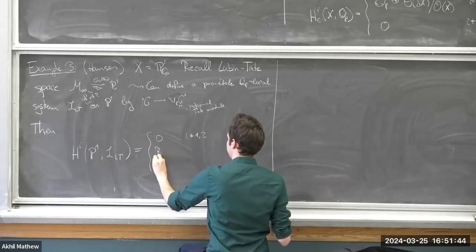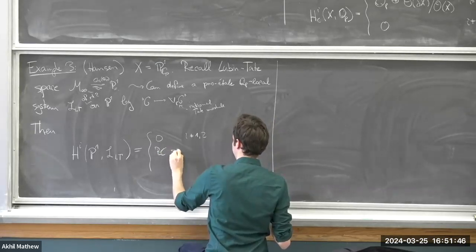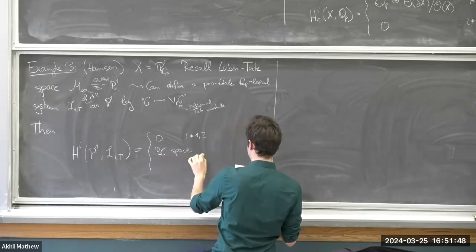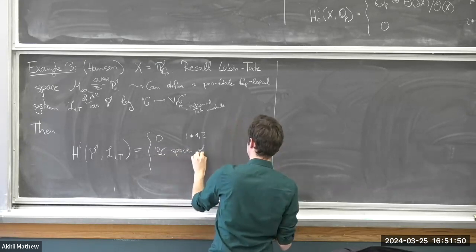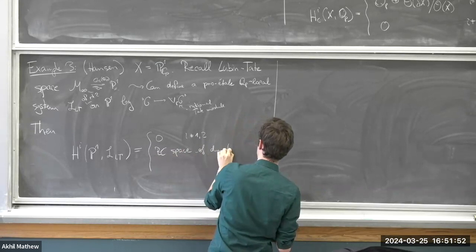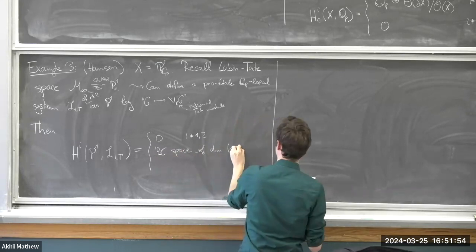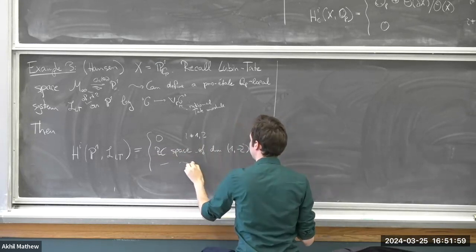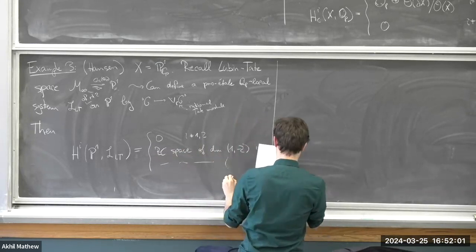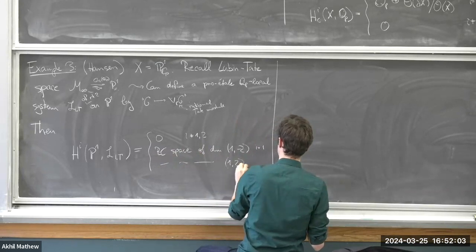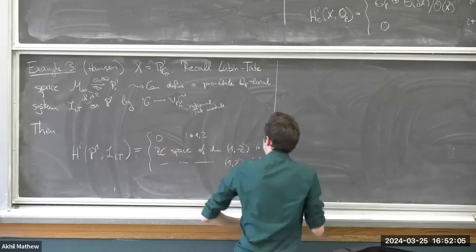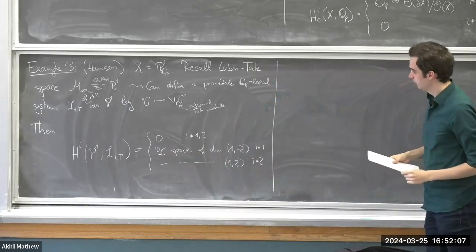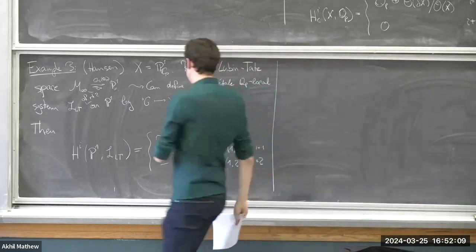And if i is 1 or 2, you get a Banach-Colmez space, and I'll say a little bit about this in a second, of dimension (1, -2), and you get a BC space of dimension (1, 2), minus 2. Okay, and what is a Banach-Colmez space?